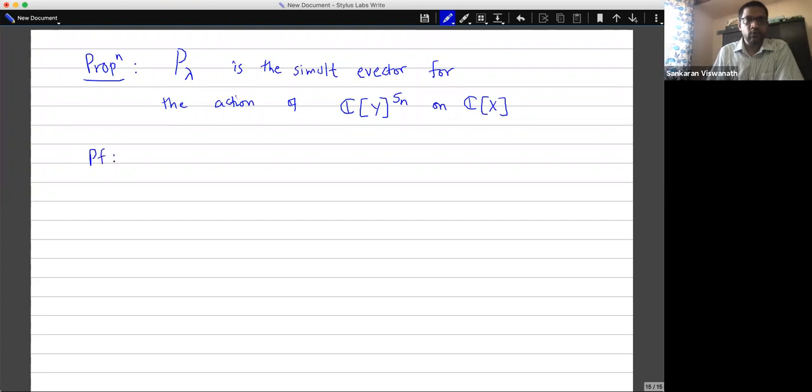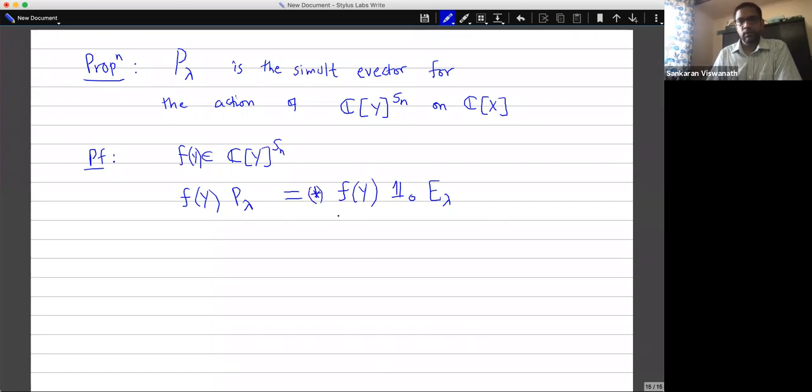We can also compute the eigenvalue explicitly. So what do we need to do? Let's take an element in C[Y]^{S_n}, call it f(y), and try to act it on P_λ. And what's P_λ? Up to that power of T in front, the prefactor, you're basically applying 1_0 to P_λ.